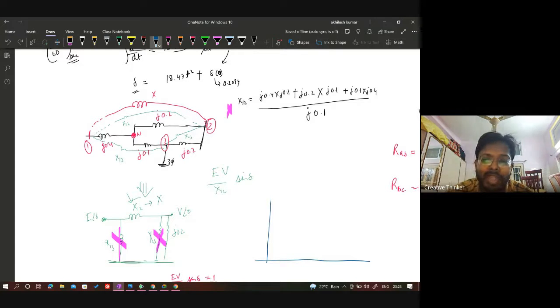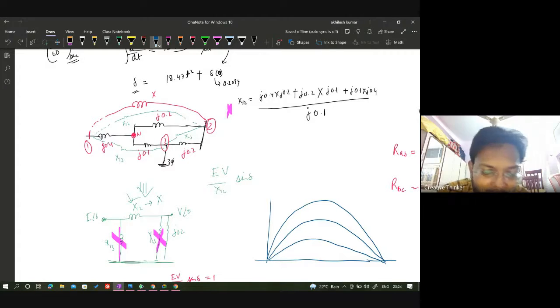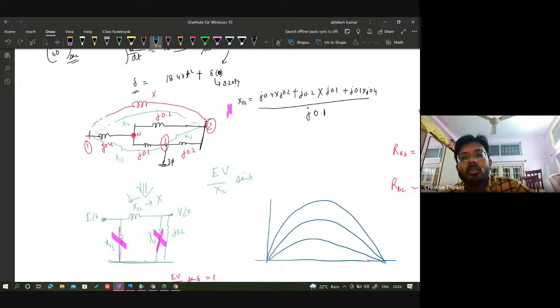That's why there will be three power-delta curves. This type of question can also come with three power-delta curves. So this is how we see how many power-delta curves there can be.